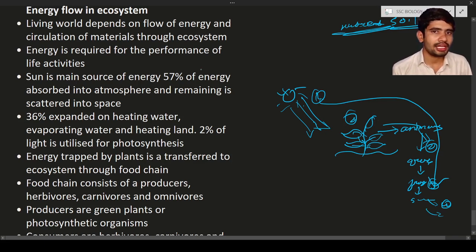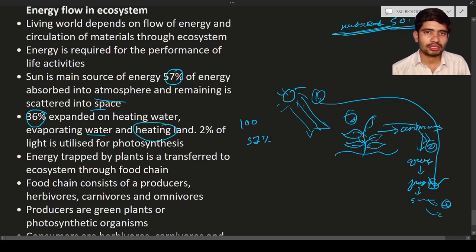Here, the main source of energy is the sun: 57% of the energy is absorbed into the atmosphere and the remaining is scattered into space. Out of 100%, only 57% is absorbed into the environment. Of that, 36% is used for heating and evaporating water into water vapor, and also for land heating, and the remaining 2% of the light is utilized for photosynthesis.